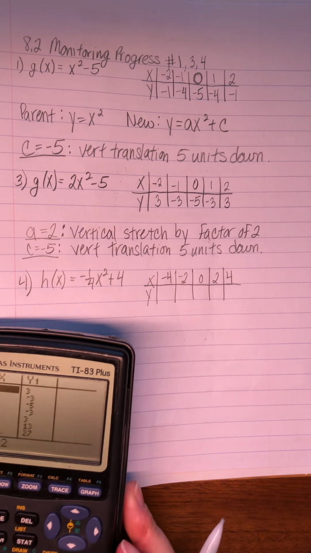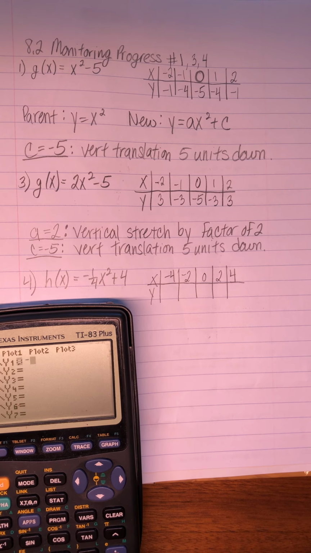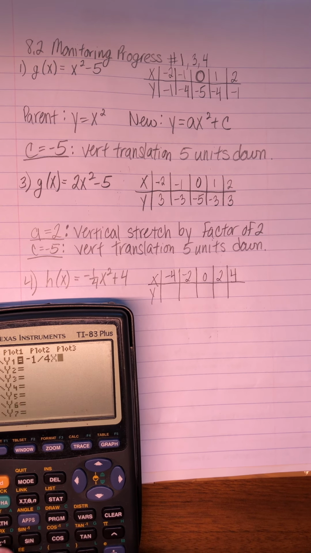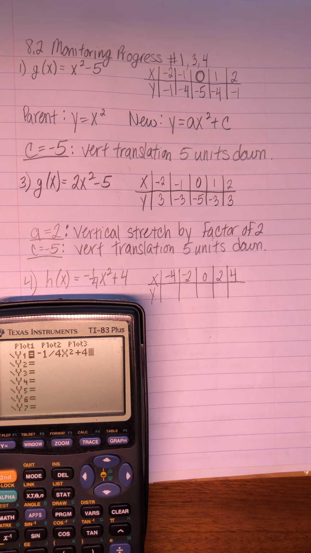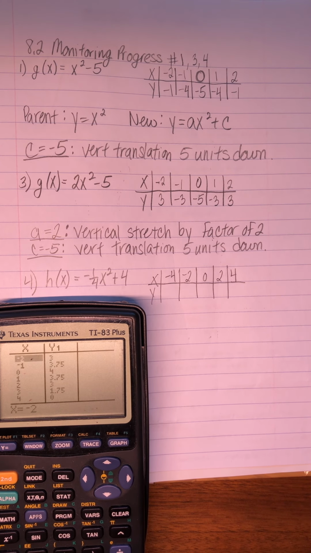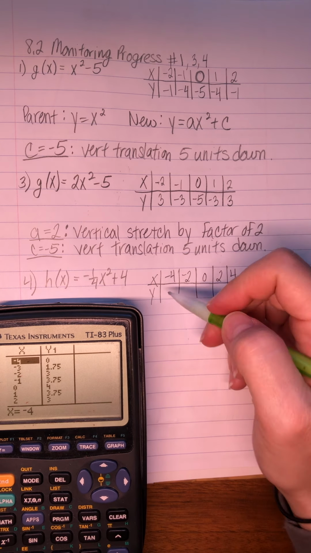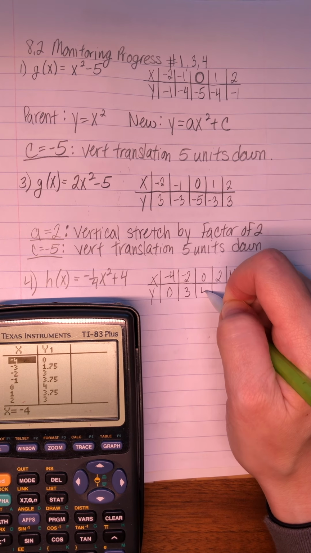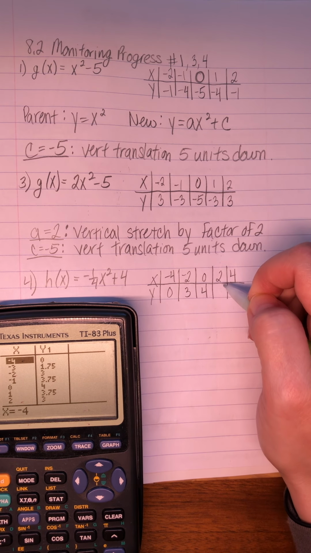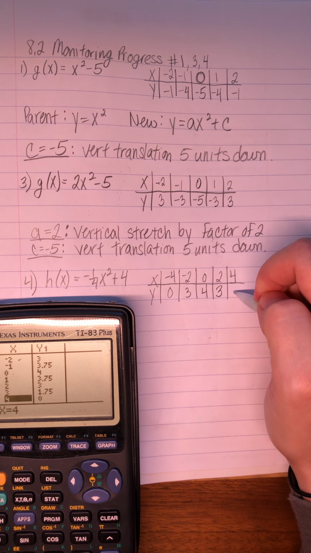Let's put this equation into our calculator and let's see what the table looks like. So -1/4 x squared plus 4. Let's hit second table and let's see what we have here. -4 is 0, -2 is 3, 0 is 4, 2 is 3, and then 4 is 0.